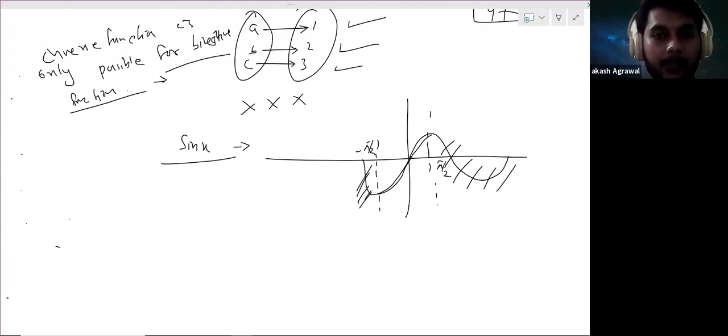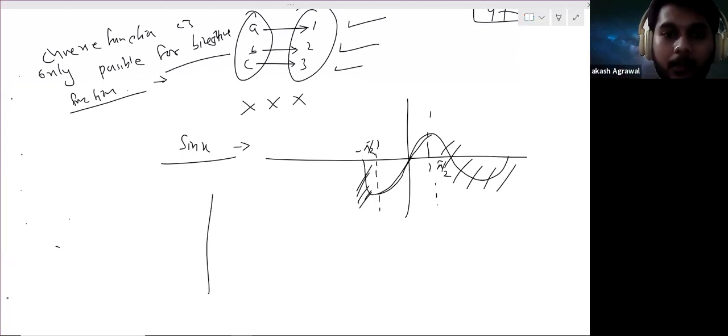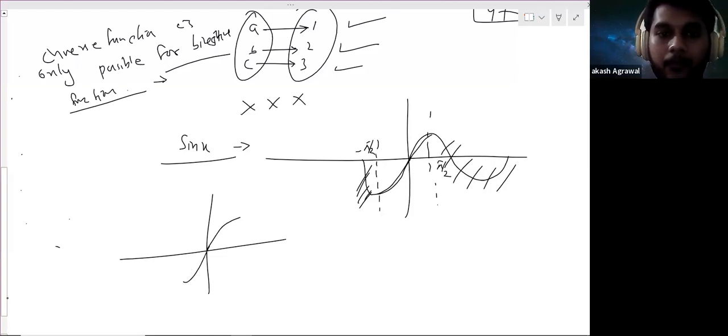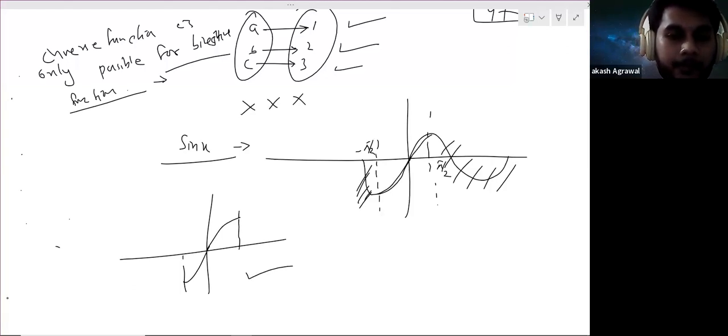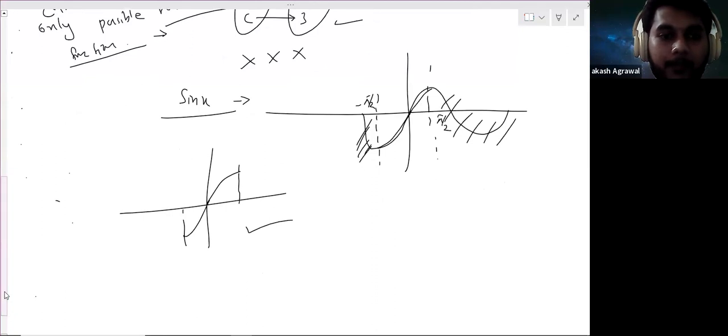Now if I draw this graph only, can you tell me if this function is bijective or not? Yes, it is. So can I find the inverse now? Yes.